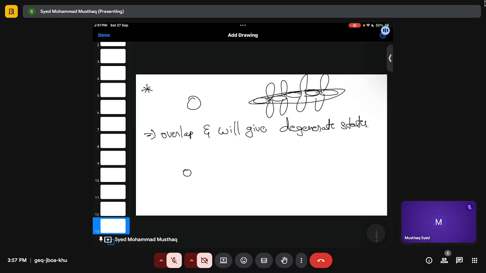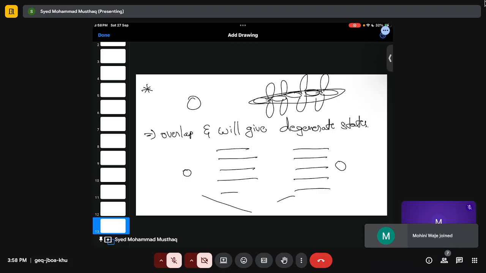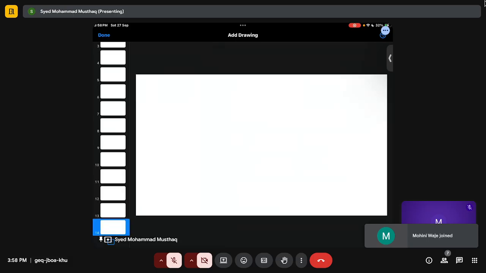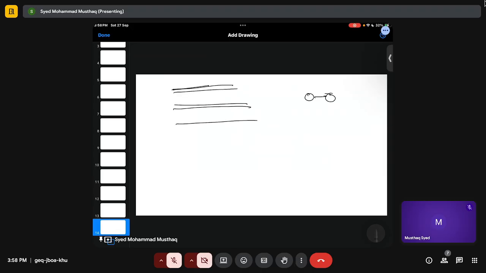Now when I have an atom, just like I have said before, it has an electron, so the electron will have some certain energy levels, and if I have another atom, it also has some certain energy levels. When these two get close together, these orbitals will come close together, right?